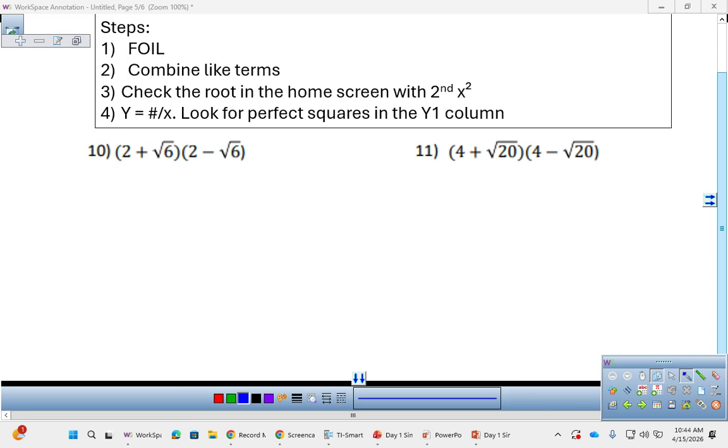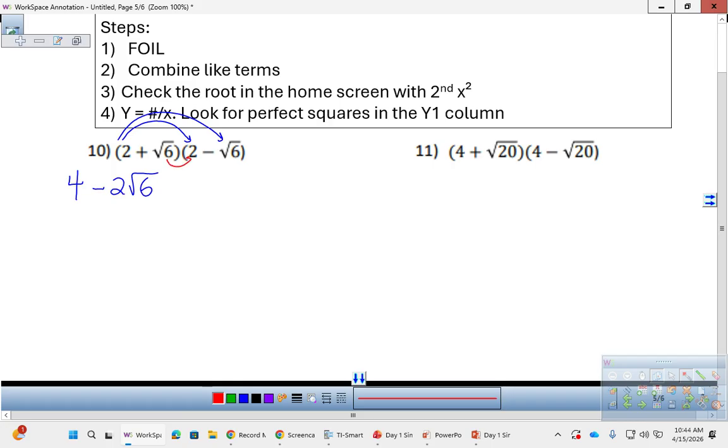So if I were to FOIL this, I would do 2 times 2, right? So that's 4. And then I would do 2 times -√6, and the way that I would write that is -2 root 6. And then I would do root 6 times 2, and that's a positive, so that would become a positive 2 times root 6.